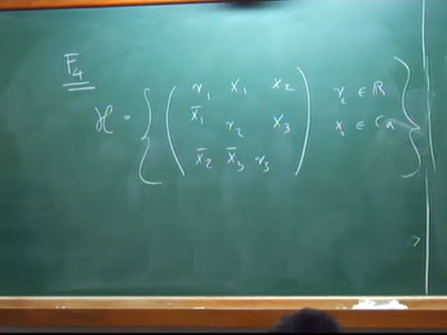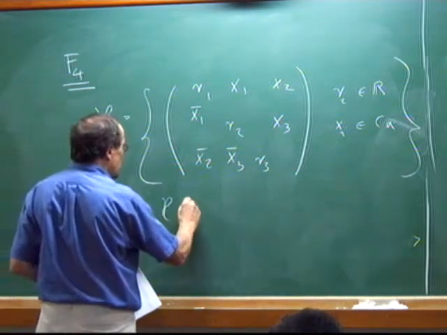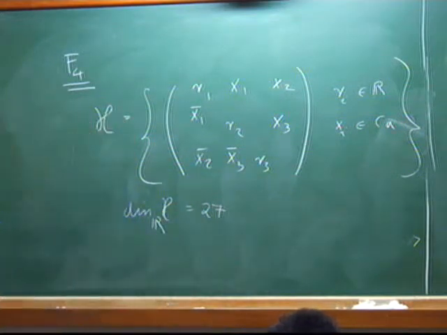So that's a vector space of real dimension 27. Right, 3 Cayley numbers plus 3 real numbers.